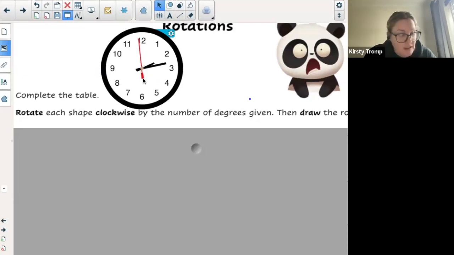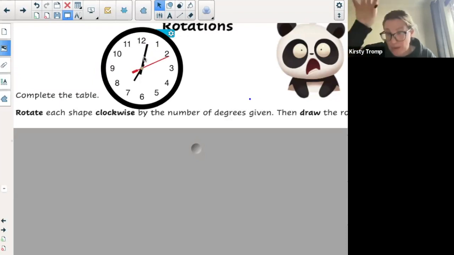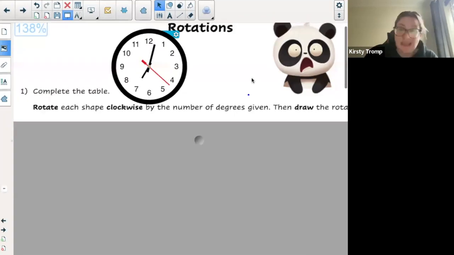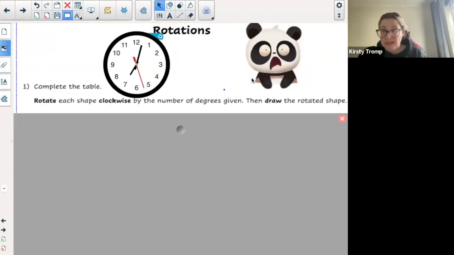Often students get a little bit confused when they see the word clockwise and ask, ma'am, which way does that mean? It's very easy to draw a circle on your page quickly and draw out a clock face. That might even help you if there isn't a clock in the room. Then it says, by the number of degrees given. So I'm going to remind you again.